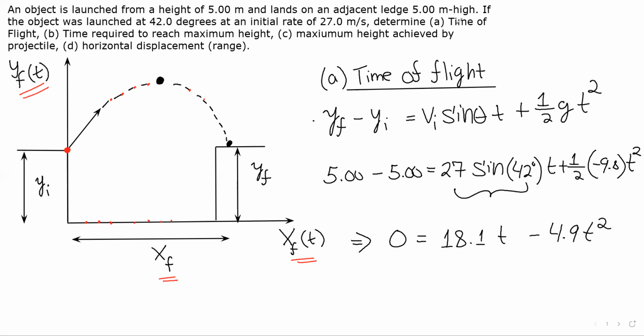Next, the most common mistake that students make is, well, they say, what if I can just simplify this equation by dividing each term by t? Well, this eliminates one of your t variables, and it simplifies the equation to a linear equation. Now, this isn't proper, though, because then we eliminate one of our solutions.